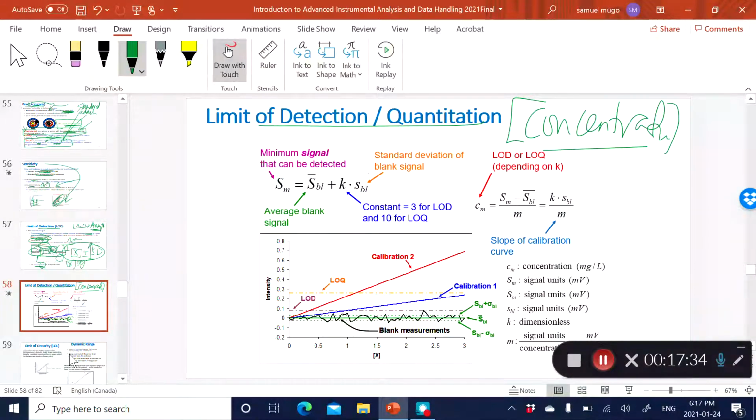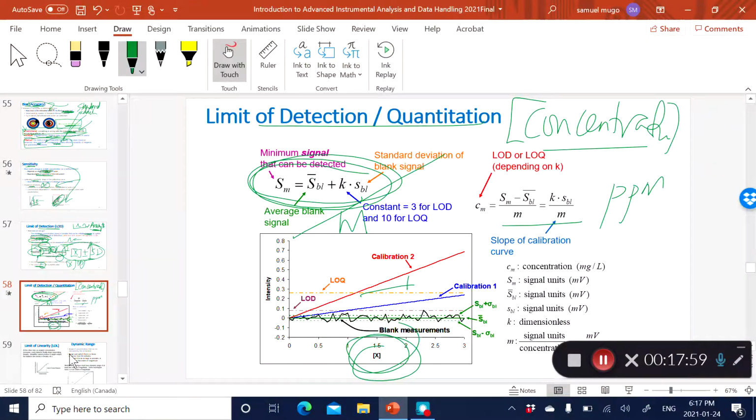The only thing you do is take the signal limit of detection or limit of quantification and divide it by the calibration sensitivity, which is the slope. Whatever you get will be in concentration units, say ppm, if those are the units on your x-axis.